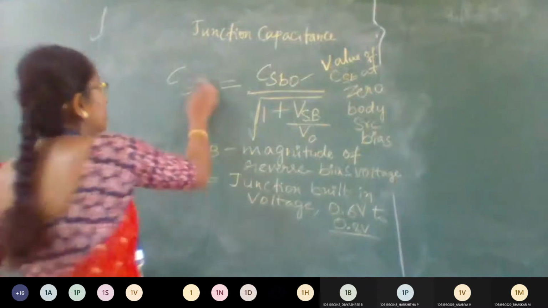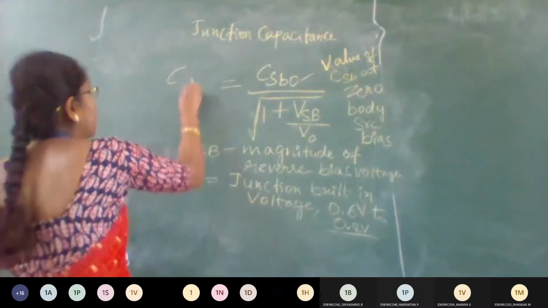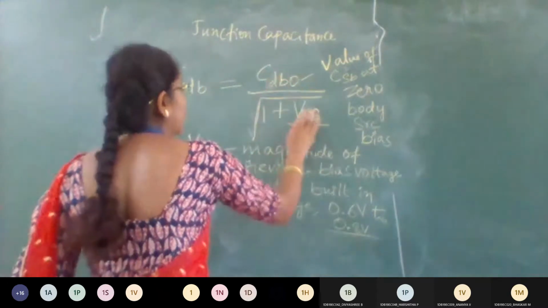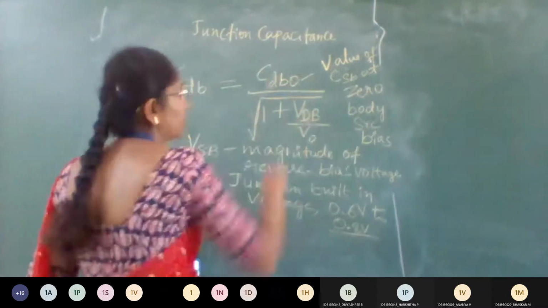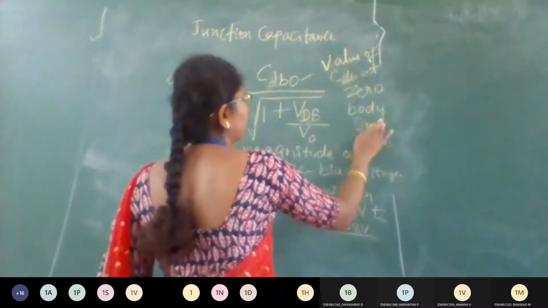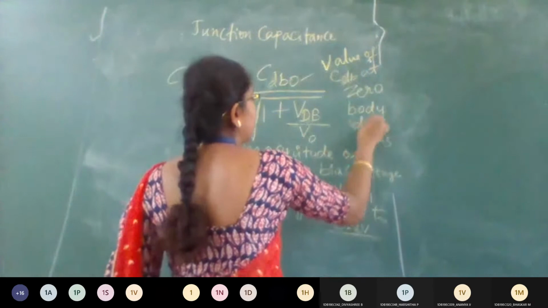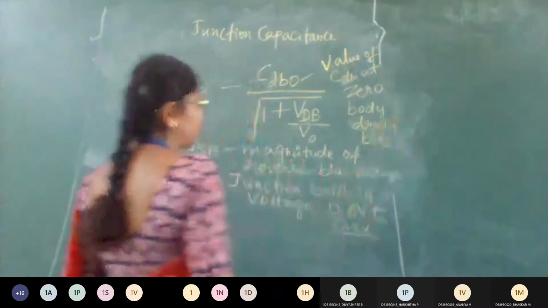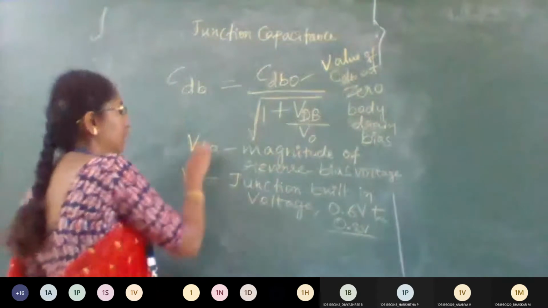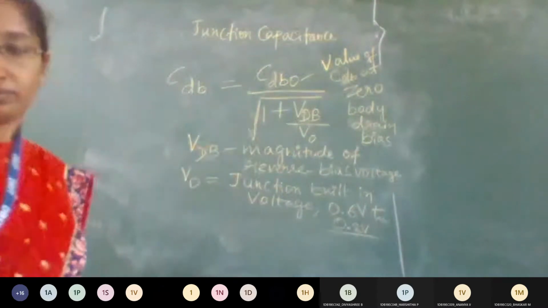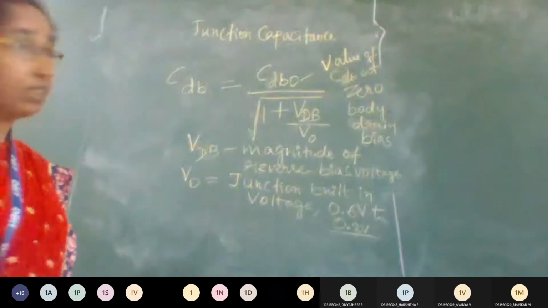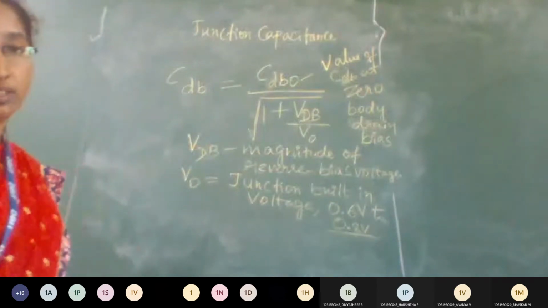Just slight changes: instead of SB, we write dB. So here it is CdB0 at zero drain body bias, and VDB is the magnitude of reverse bias voltage. Okay, you have to remember these formulas.